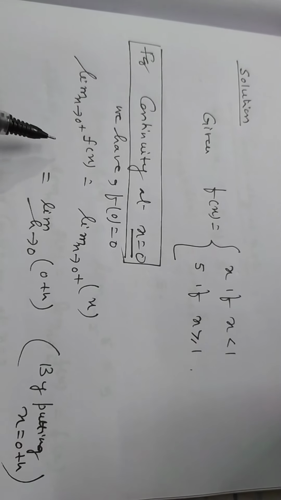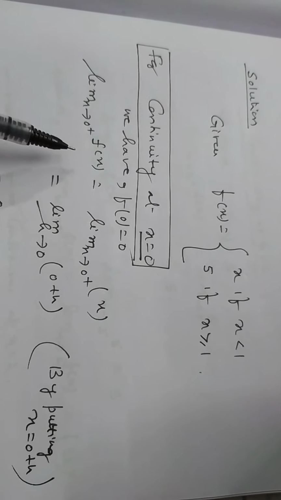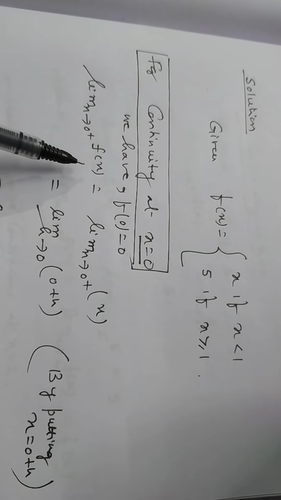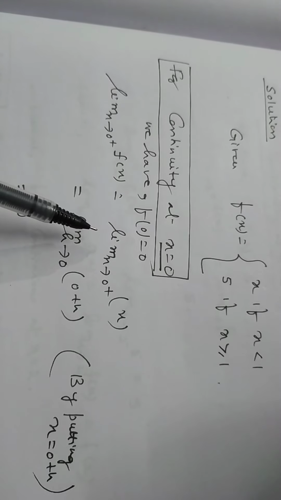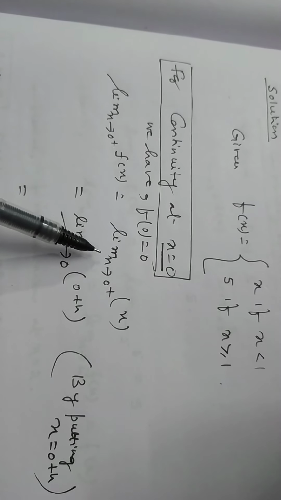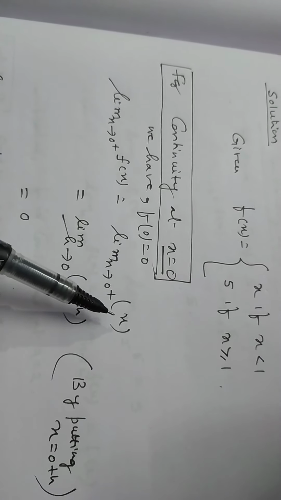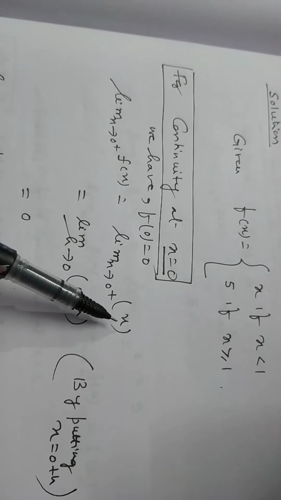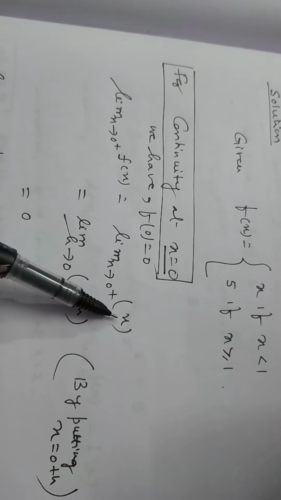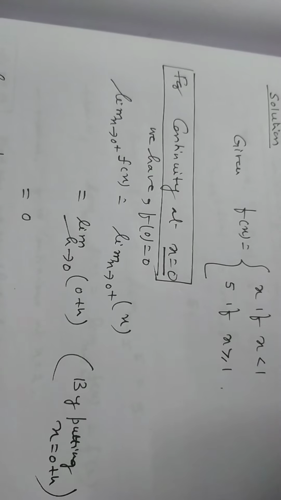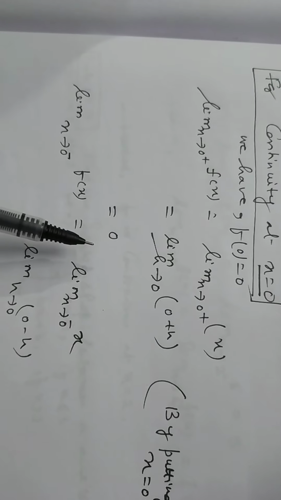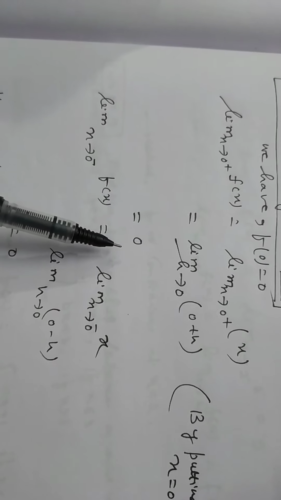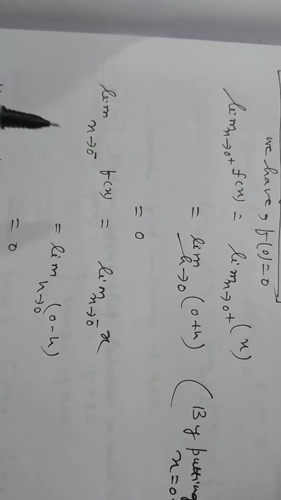Now, the value of the function for x greater than 0. This will be limit x tends to 0 plus of x. Put x = 0 + h. So what do we observe? We observe that the right hand side limit is also 0.